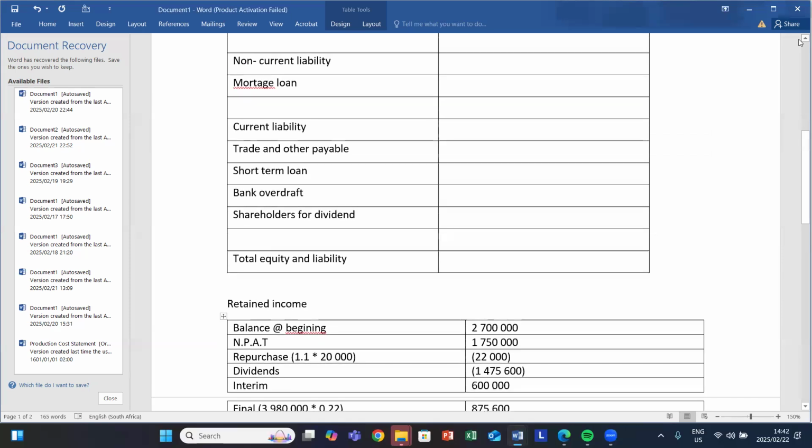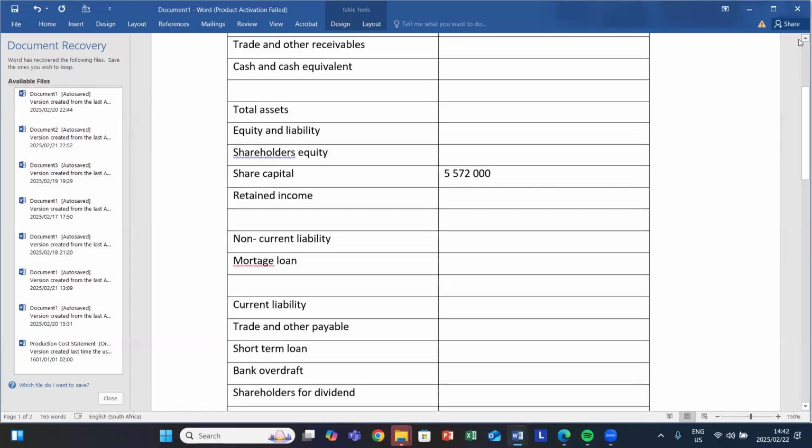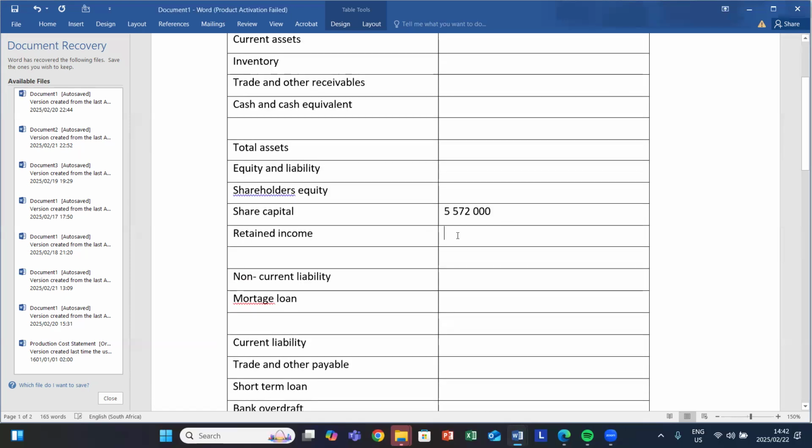So write it here when you do your 2,952,400. And then you add it with your share capital plus 5,572,000. Then you should get your shareholders' equity, which amounts to 8,524,400.